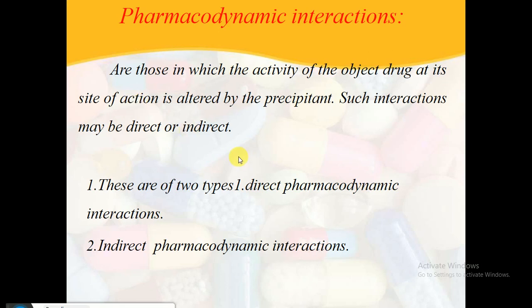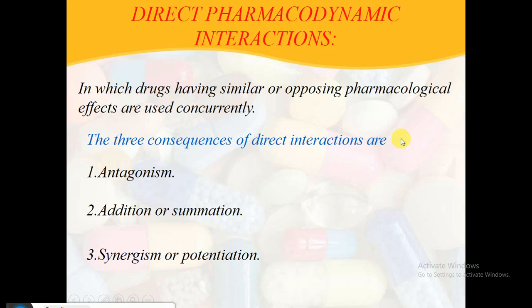So there are two types of pharmacodynamic interaction. The first one is direct pharmacodynamic interaction, and the second one is indirect pharmacodynamic interaction. Before starting, we have already discussed pharmacokinetics, that is, what type of changes occur with a drug when it is administered concomitantly with another drug.